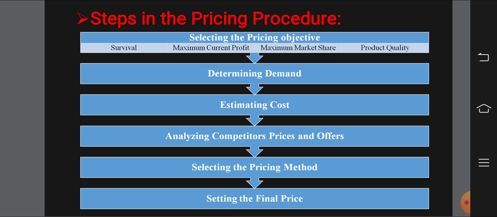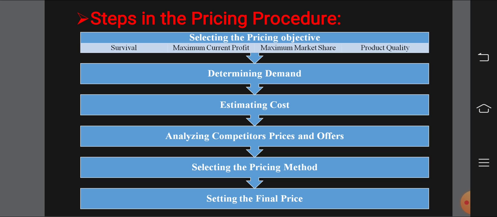And in the fourth stage, the organization has to do the analysis of the competitors' prices and offers. In this process, the organization has to analyze whether their competitors are providing the product or services with minimum cost or maximum cost.